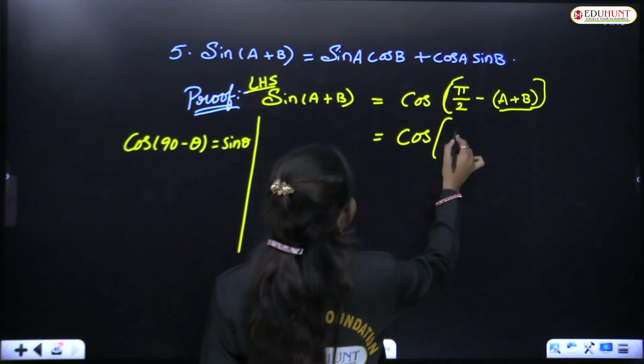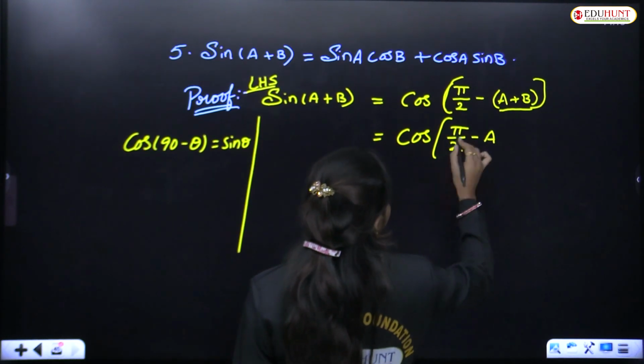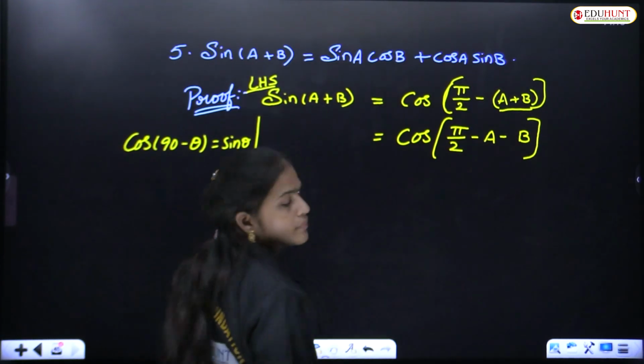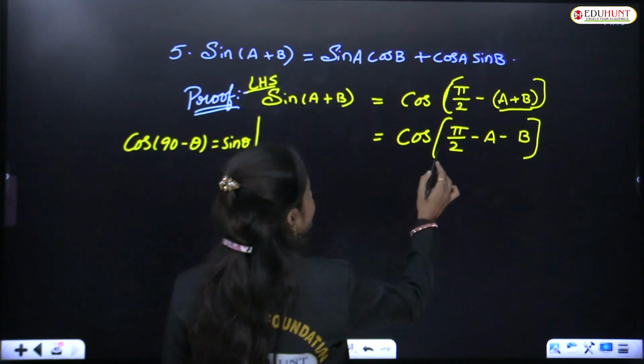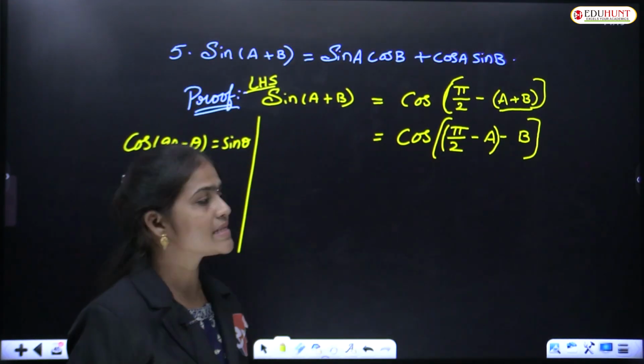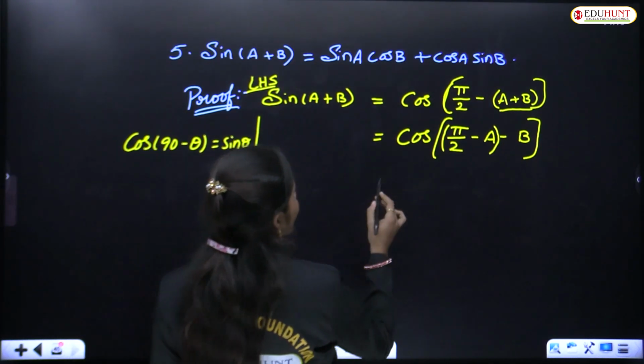So cos of pi by 2 minus, minus into A is minus A, minus into B is minus B. Okay, now we can write this one, just we have to pair pi by 2 minus A and minus B.